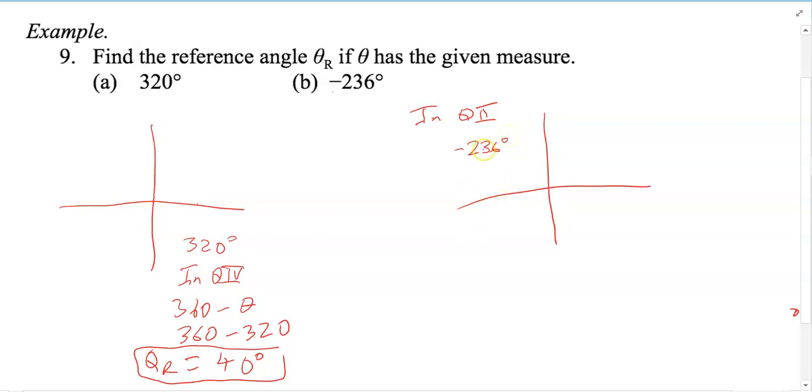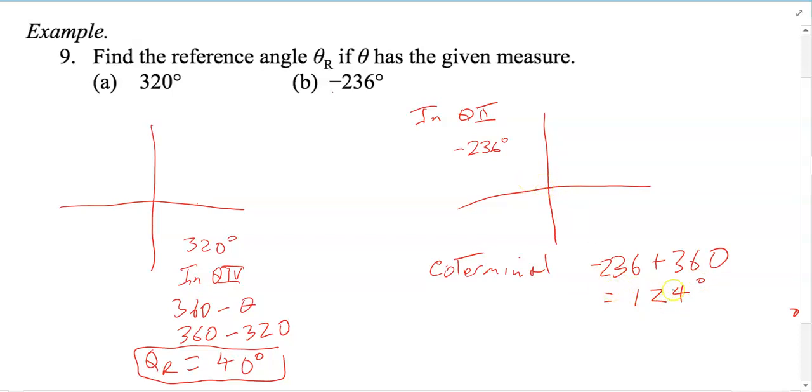If it's a negative number, then you have to find the positive coterminal, which we do by adding multiples of 360. So for the coterminal angle, we do negative 236 plus 360 degrees, and that will give you 124 degrees.